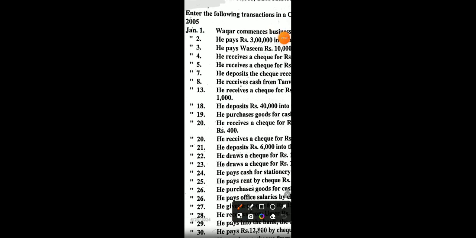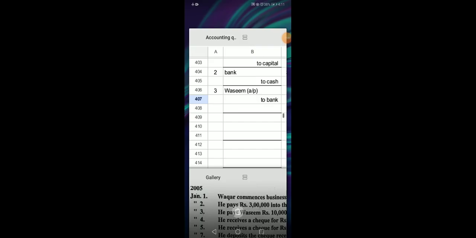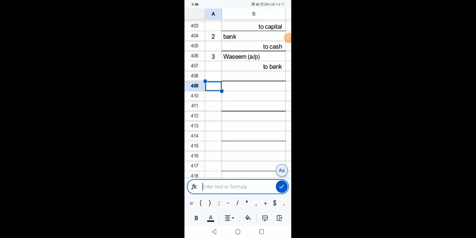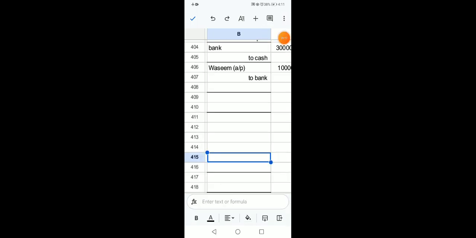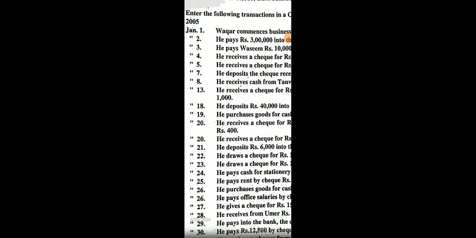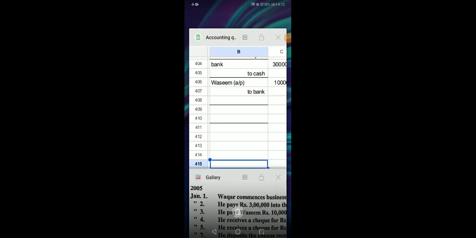Now let's see what entry number 4 is saying. This is entry number 4. Put the date first. Entry number 4 is saying he received a check from Ahsan, which he pays into the bank.